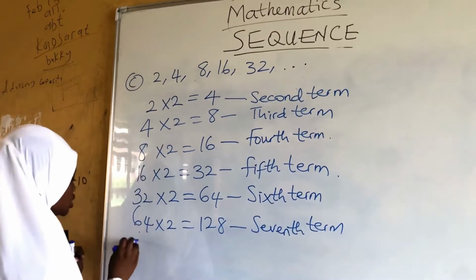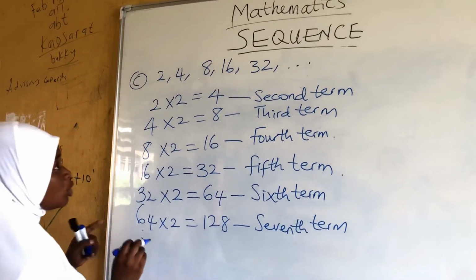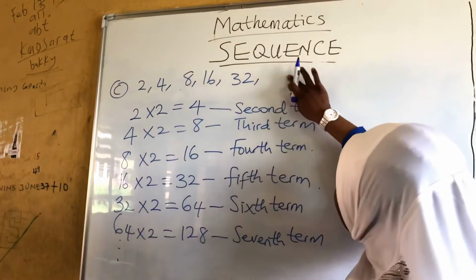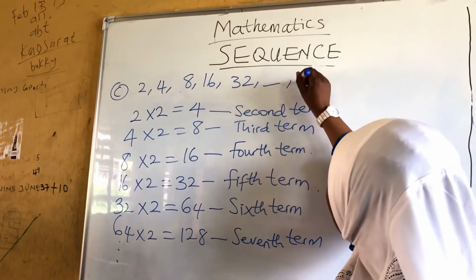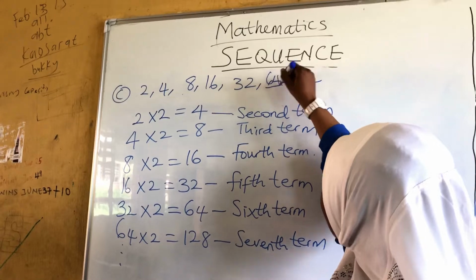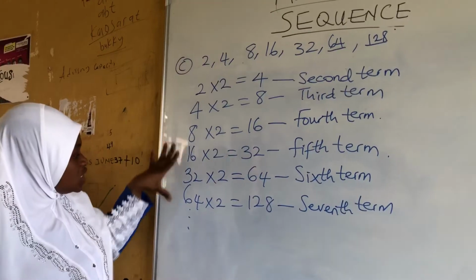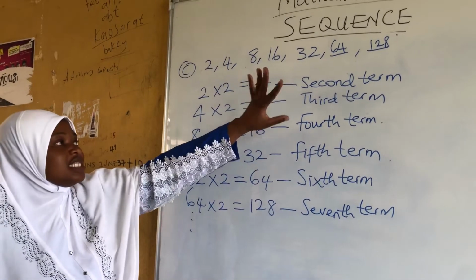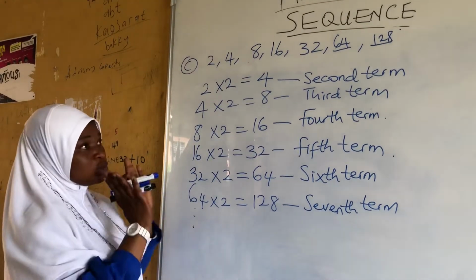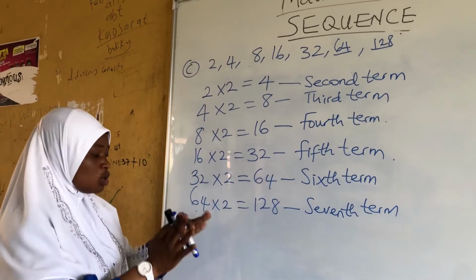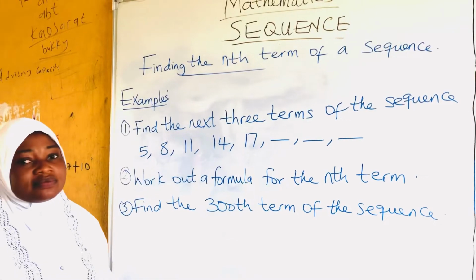So it goes like that. But what they ask us to find is the next 2 terms. So the next 2 terms are 64 and 128. After knowing the rule, then you can know the next terms. So that is that about knowing the next term of a sequence.